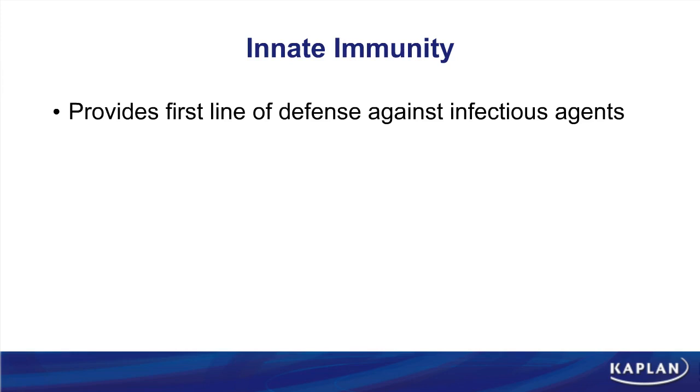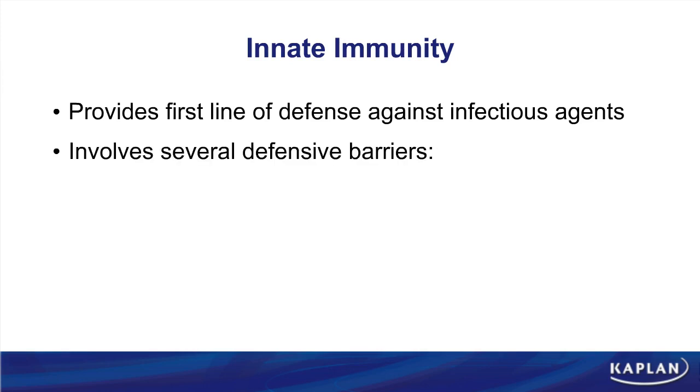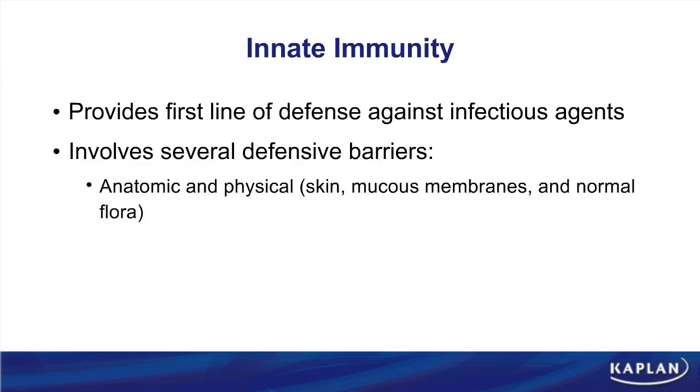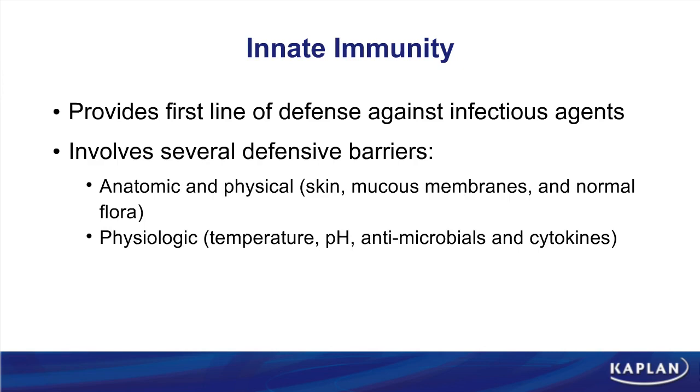There are going to be several barriers that are going to comprise the innate immune response. First, and probably what I think is the most important, is the simple anatomic barrier that is presented by the skin and mucosa. Once that, though, is compromised, we're going to have a couple of really good backup plans, including some of the physiological aspects of defense.